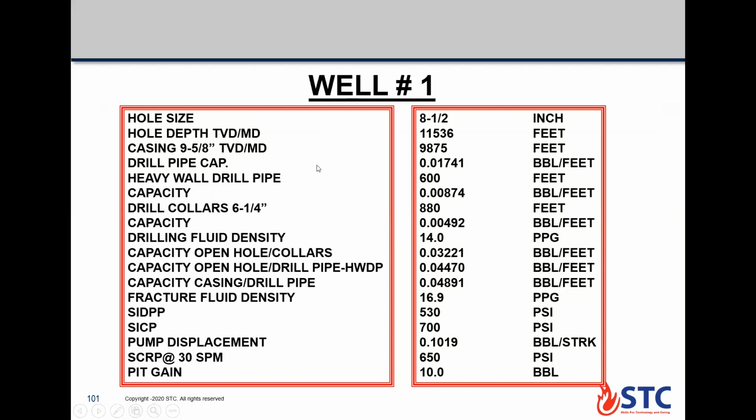So the kill sheet is like this one. We have data for the well. We have hole size, we have hole depth, TVD and MD. Our kill sheet in the exam will be a TVD well, not a directional well.